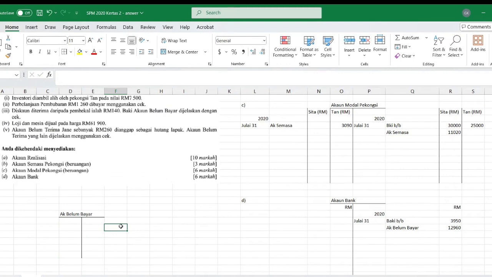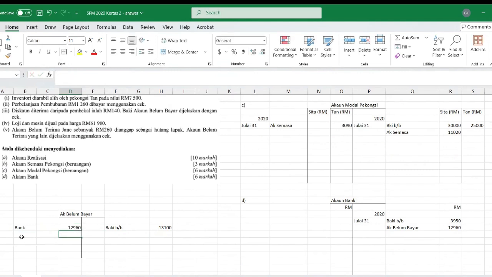There's a liability here, right? The baki bawah for account belum bayar is 13,100. So with the payment received from the bank, this amount, the double entry is 12,960.